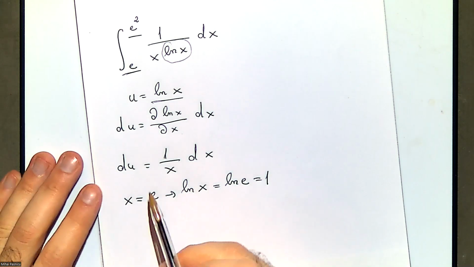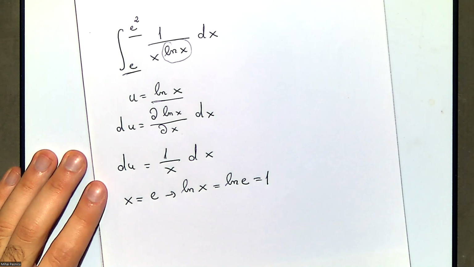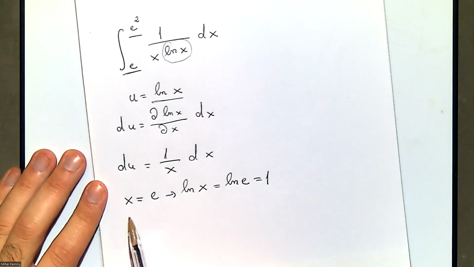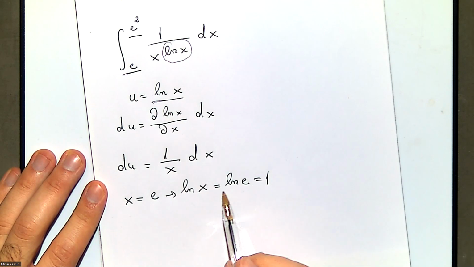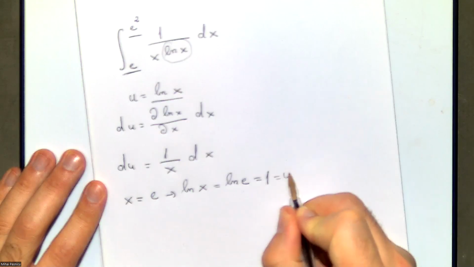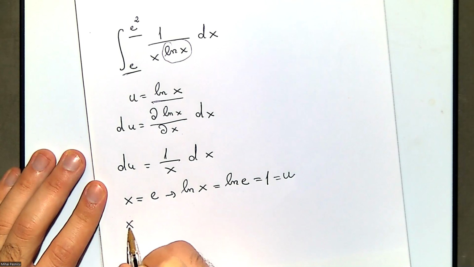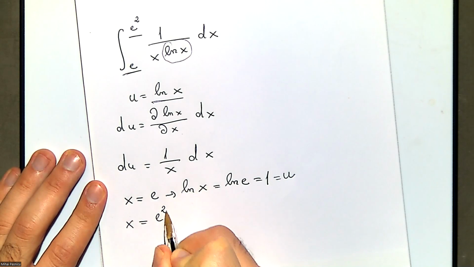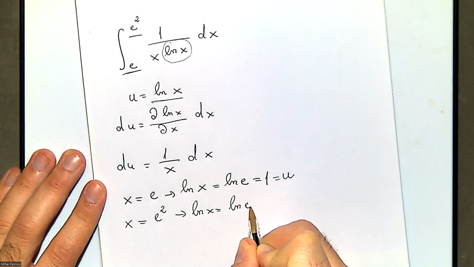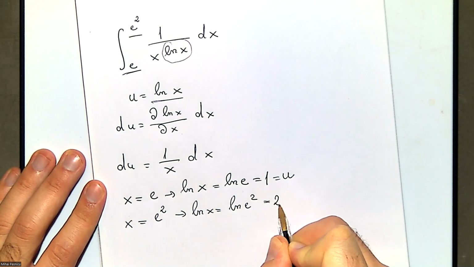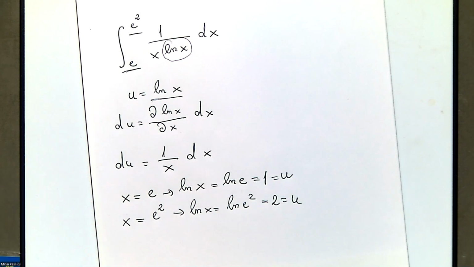So the only change in the definite integrals is that I have to change the heads of integration. There's not much rocket science in how you do it. You just take it by case. If x is equal to e, then ln of x is equal to ln of e, which is 1. So this is u. And if x is equal to e squared, I'm just gonna compute again. Ln of x is equal to ln of e squared, which is just 2, which is equal to u.